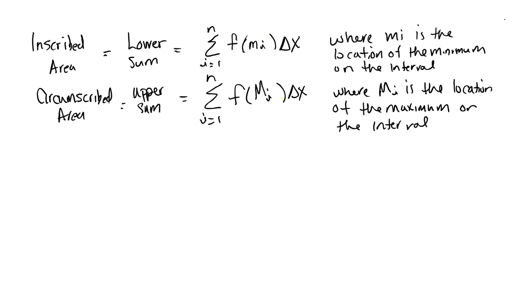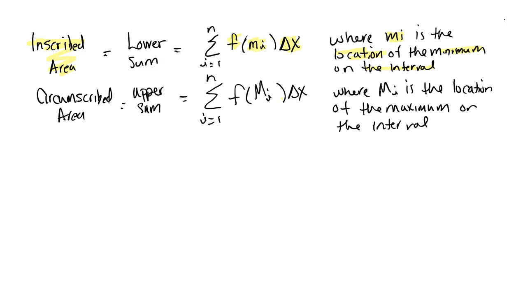So this brings us to a few modifications to our formula from before. If you remember, before when we were finding the inscribed area, we had our formula as f at an endpoint times delta x. Now I'm changing it to, instead of an endpoint, this m sub i. Now m sub i is the location of the minimum on that particular interval.